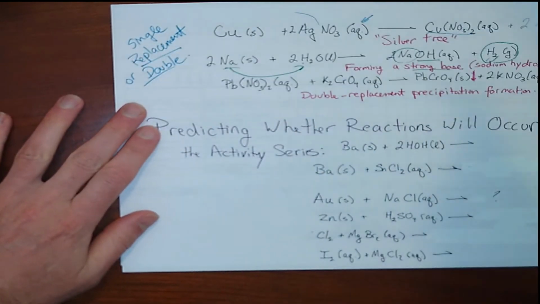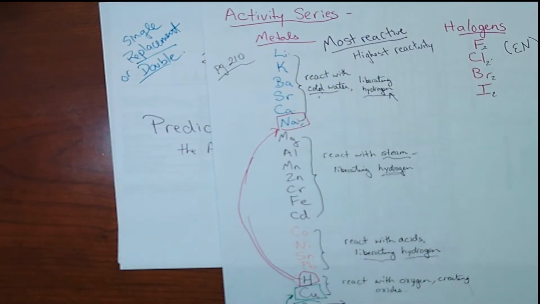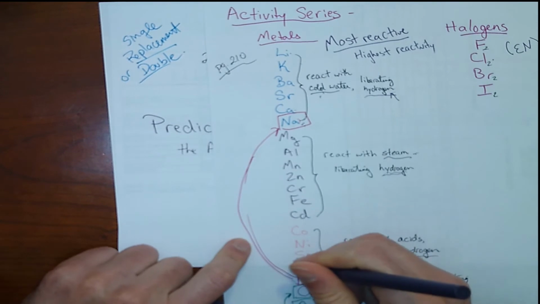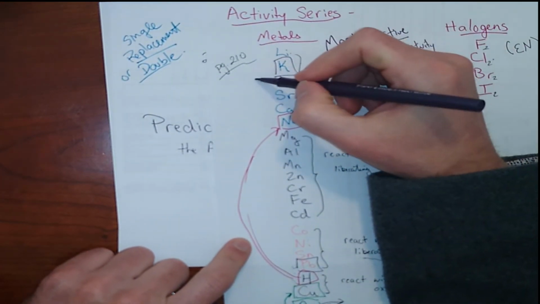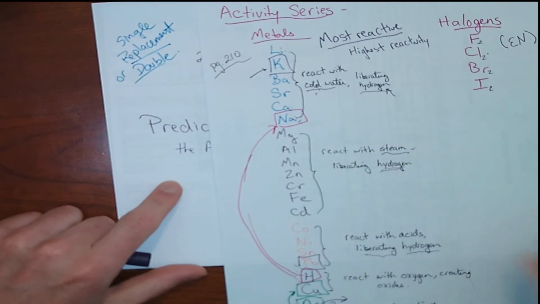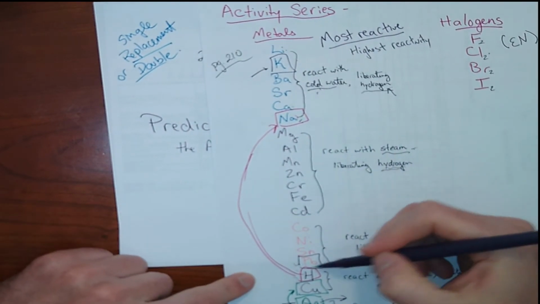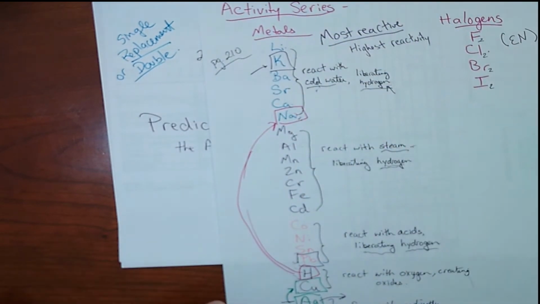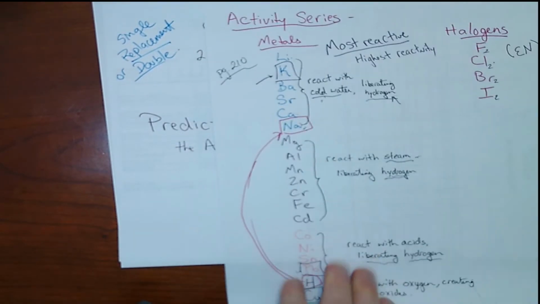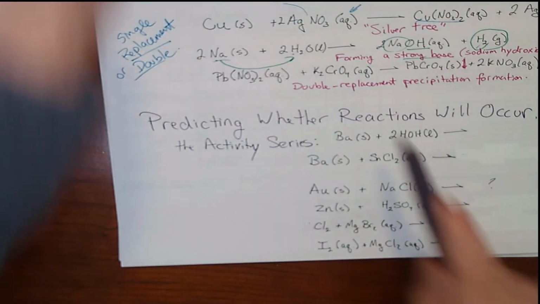Lead and potassium in this case, it's pretty clear that potassium is, again, much higher in the activity series than lead. In fact, it's the second most active of all the metals, and lead is not that active. So the potassium is going to combine with the more active of the two negative ions.